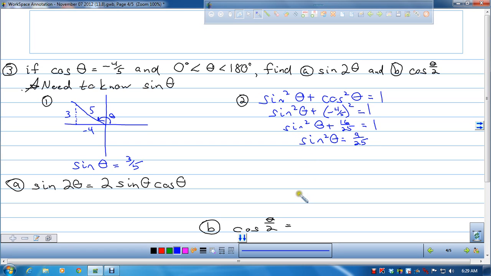Then I'm just taking the square root of both sides to get what sine is equal to. So now sine would be equal to plus or minus 3, whoops, sorry. It'd be plus or minus the square root of 9/25, giving 3/5.